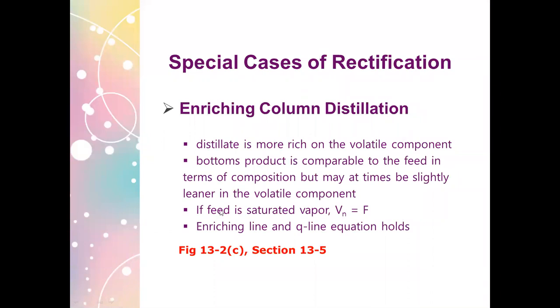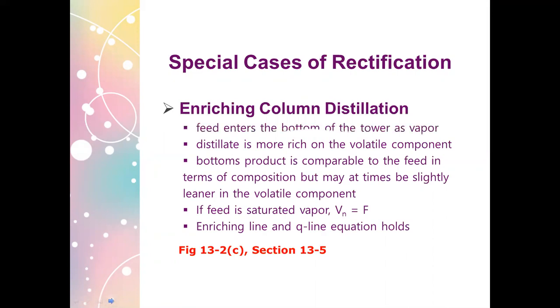So if we have what we call a stripping column distillation, we also have an enriching column distillation. So this time, wala ka naman sang dalom nga part. You have the upper part of the column, which is the enriching section, but there's no stripping section. Now, how could this be?